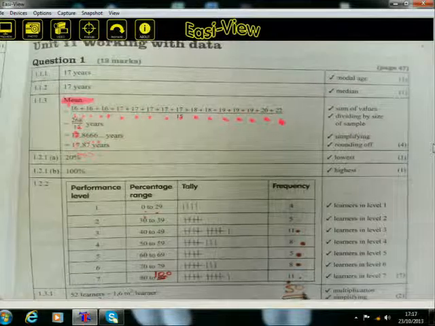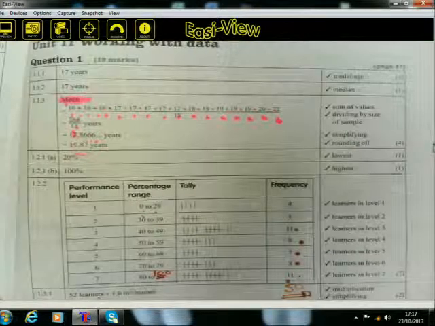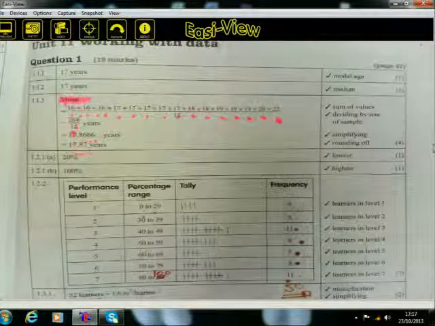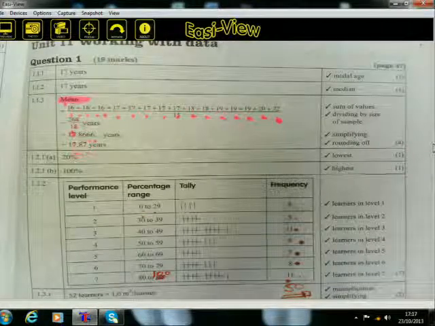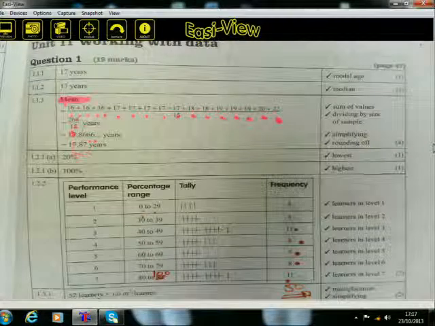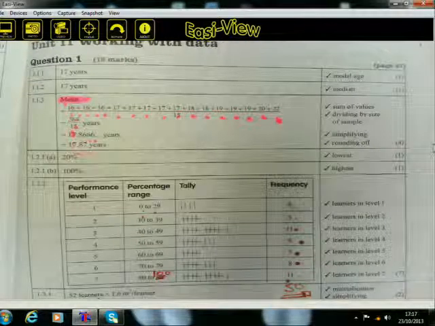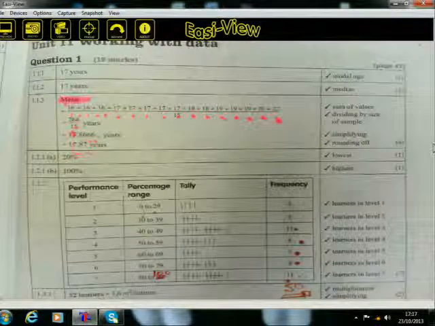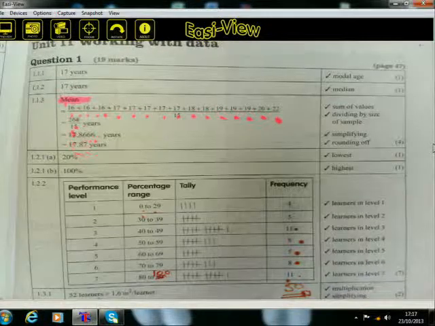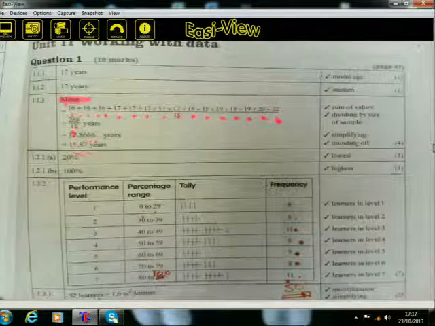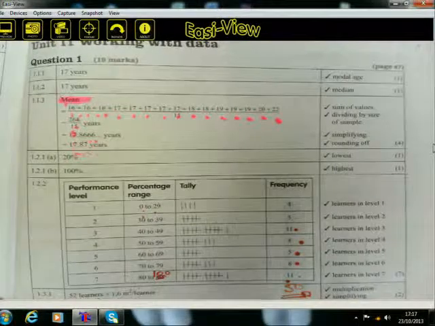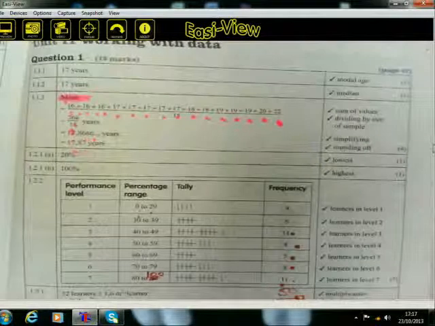It was saying 50 learners were writing that geography test. Now you can see that if you add them, it shows us we didn't miss any number. That means we captured all the numbers, and it helps us to see whether we got it correct or not.